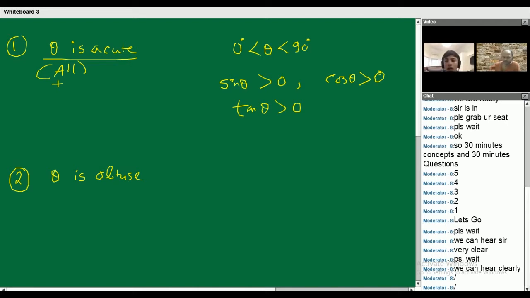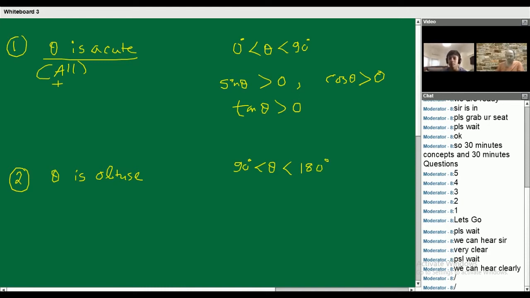You rightly said one bound of the obtuse angle is greater than 90 degrees, but it has to be less than 180 degrees, because 180 is a straight angle.